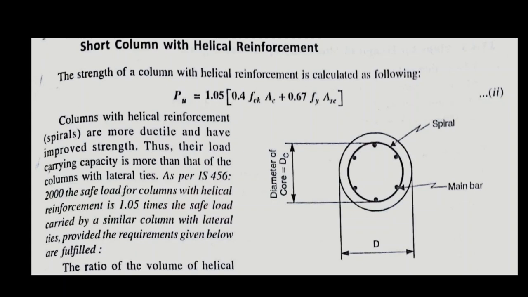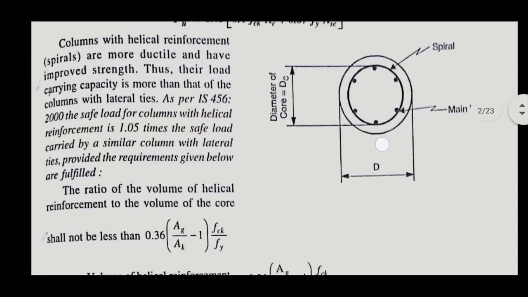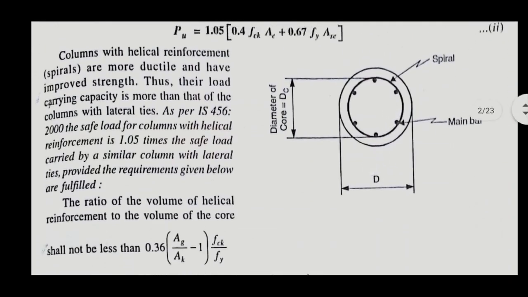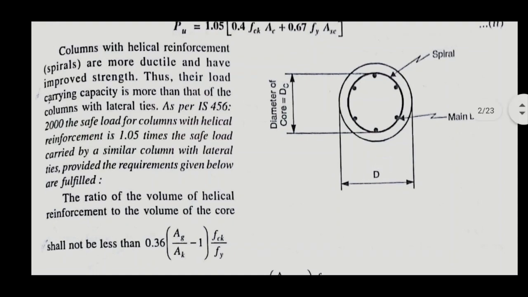As per IS 456/2000, the safe load for columns with helical reinforcement is 1.05 times the safe load carried by a similar column with lateral ties, provided the requirements given below are fulfilled, which we read out in the code also. The ratio of the volume of helical reinforcement to the volume of the core shall not be less than 0.36 into (Ag by Ak minus 1) into fck by fy.